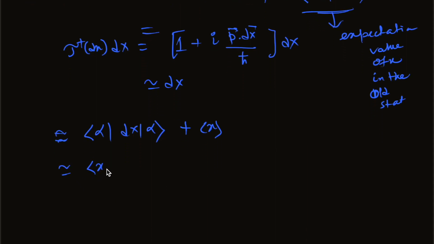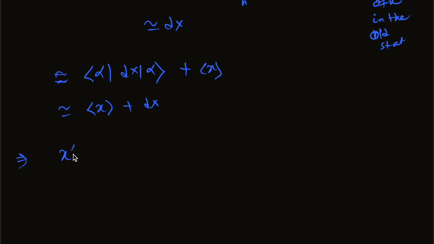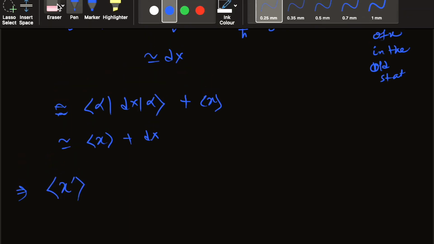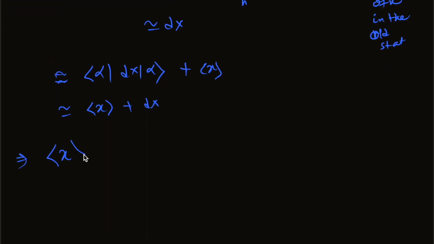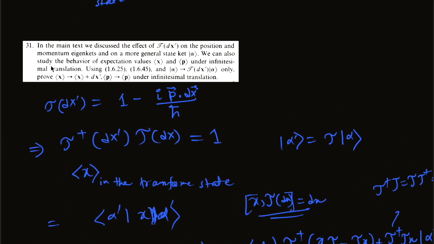That will be x plus dx, and since we assume that alpha is normalized, our expectation value in the new transformed state will be the expectation of x plus dx. This is a similar result as we have seen in question number 30. Now let us check the second part of the question, the transformed value of the momentum.